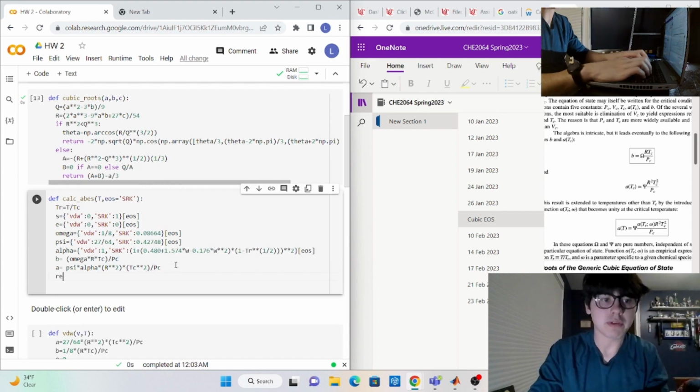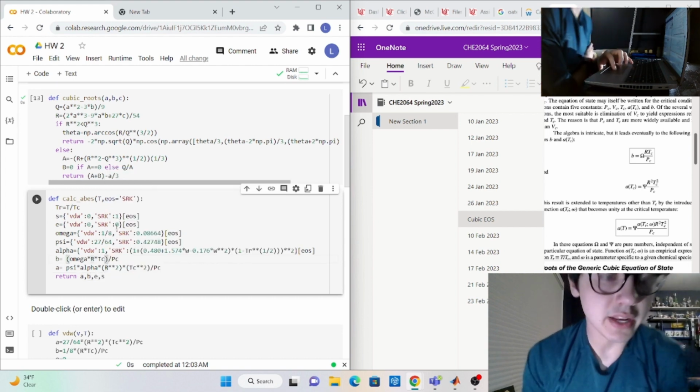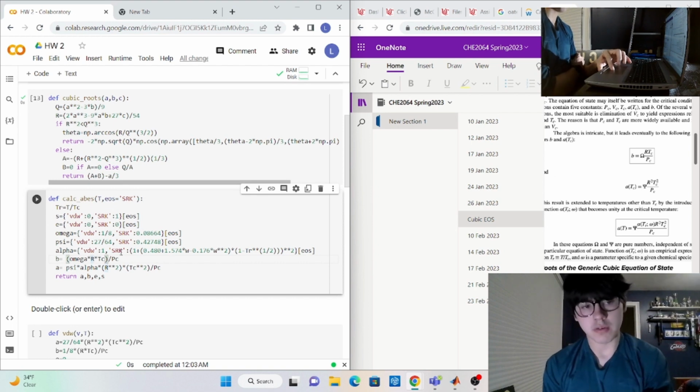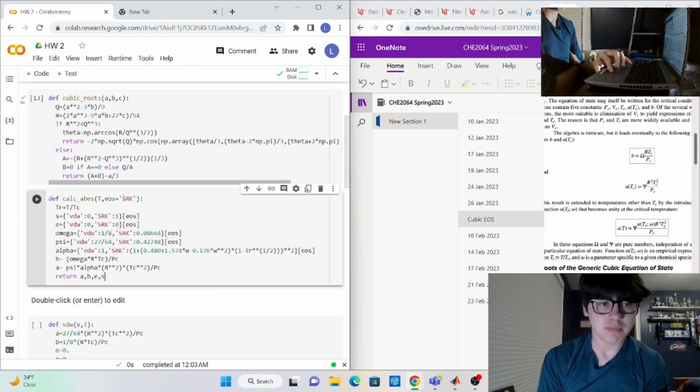And then we're going to return A, B, E, and S. So that will return the different values of the A, B, E, and S constants in our expressions depending on whatever equation of state we want to use. And we're looking to use the SRK equation of state to estimate our vapor pressure here, so we're going to hard code or set the SRK as a default here.